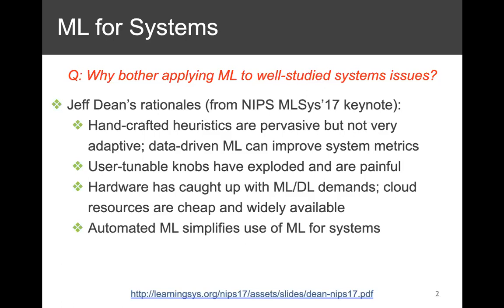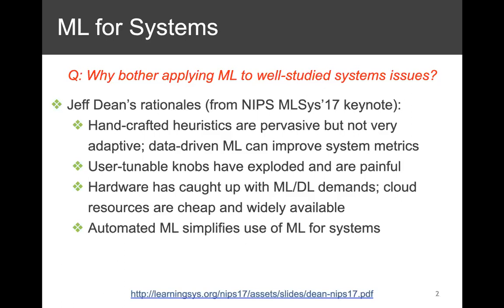Technically, we could have used machine learning for systems even 2 decades ago with simple machine learning methods. But these days, it seems like the availability of more advanced ML tools and resource capabilities and the explosion in the complexity of modern computer systems has led to the reconsideration of using ML for systems.